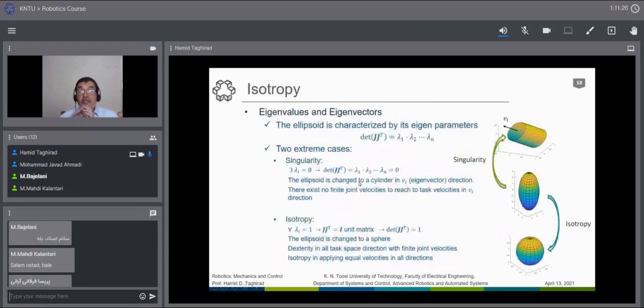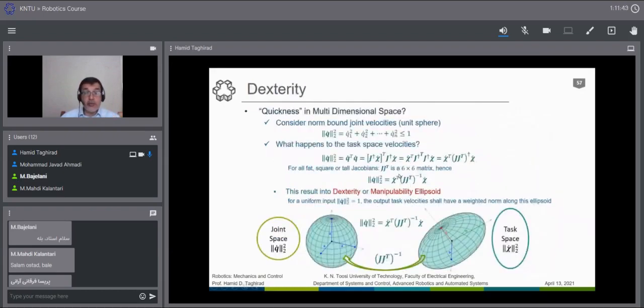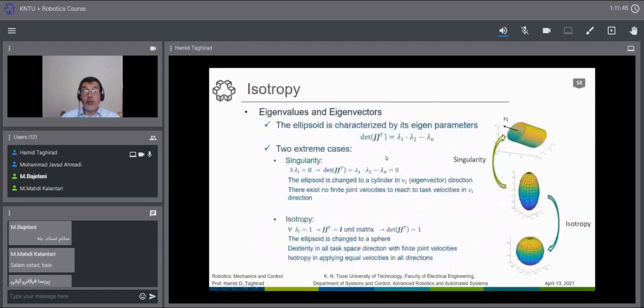Now consider two extreme cases. One extreme case is, now we don't have the Jacobian itself, we have the Jacobian transpose. As you see here, Jacobian transpose comes into the picture.